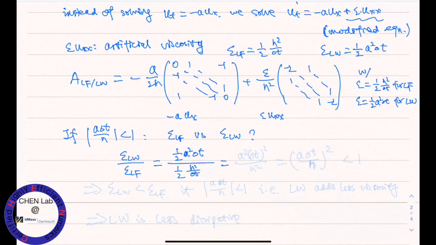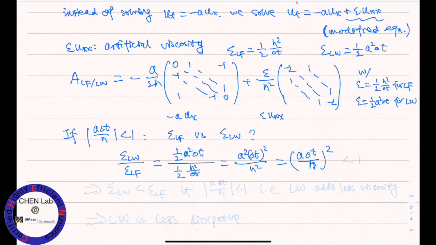That's just a squared delta t squared divided by h squared, so this becomes (a delta t over h) squared. You see this ratio comes up a lot.